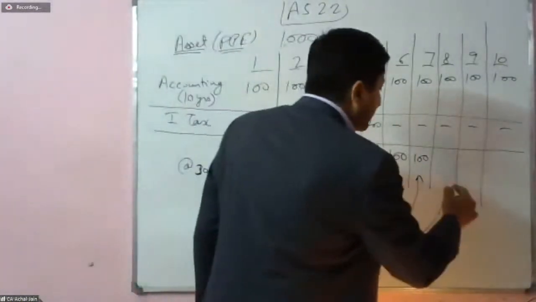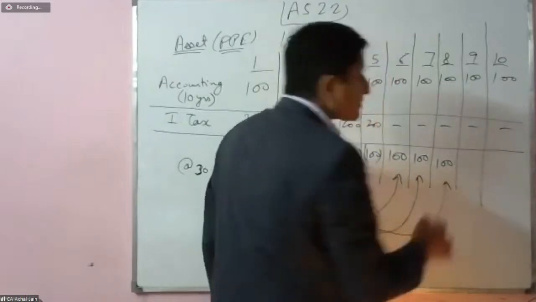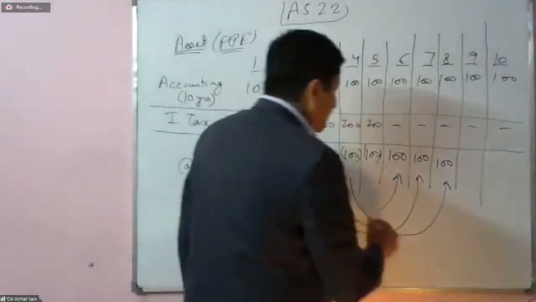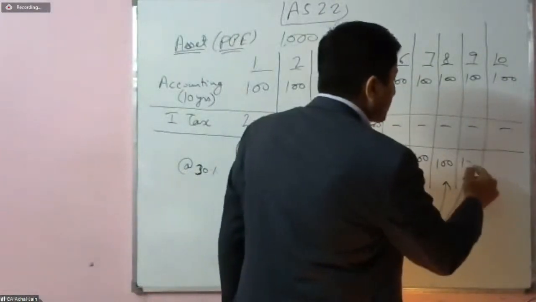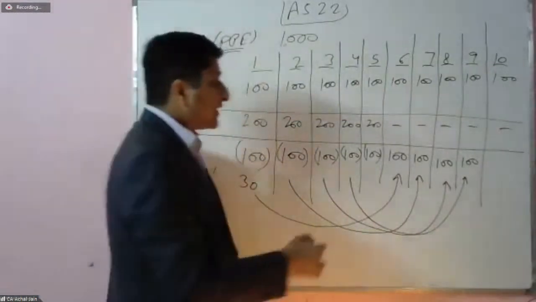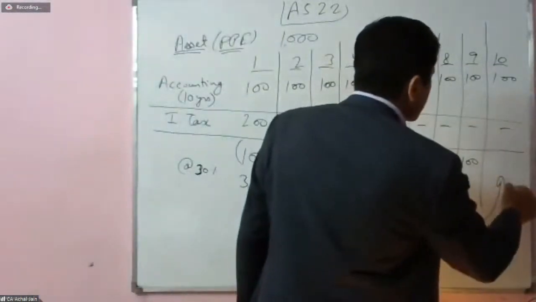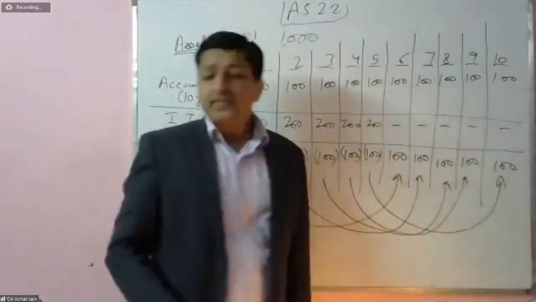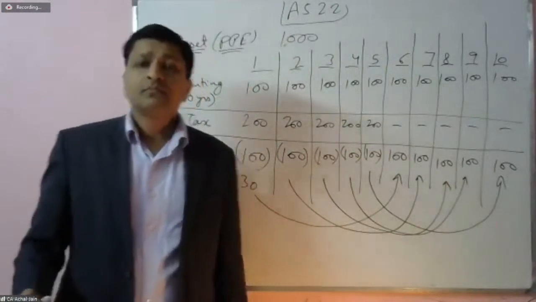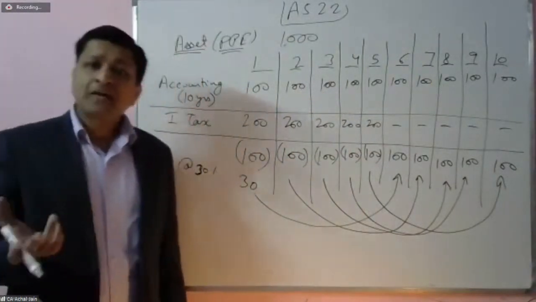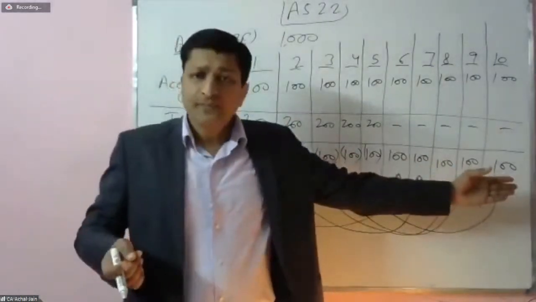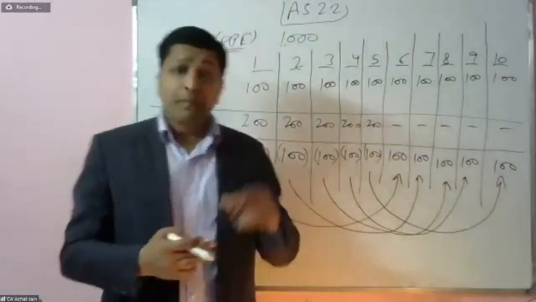In the 3rd year, lower tax, higher tax liability in the 8th year. 4th year, lower tax, higher tax liability in the 9th year. 5th year, lower tax, higher tax liability in the 10th year. So on an overall basis, the impact becomes zero. Yes or no?